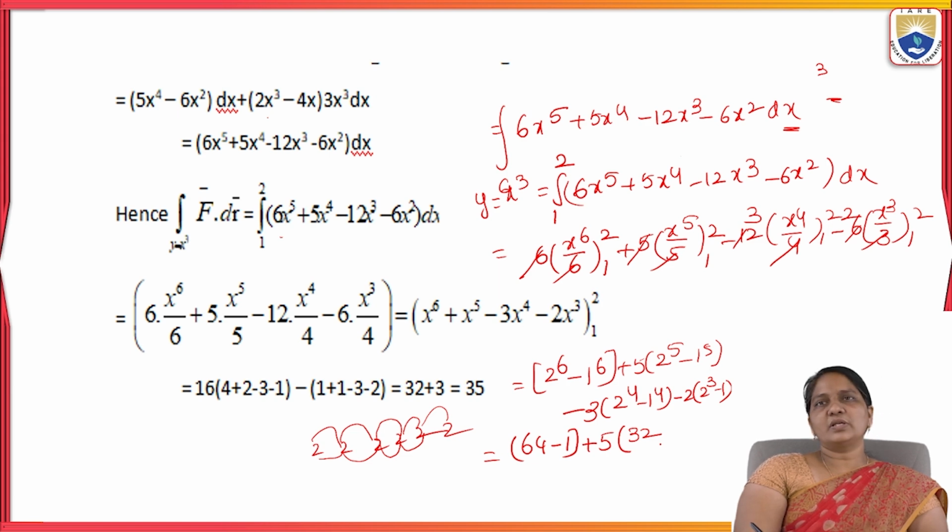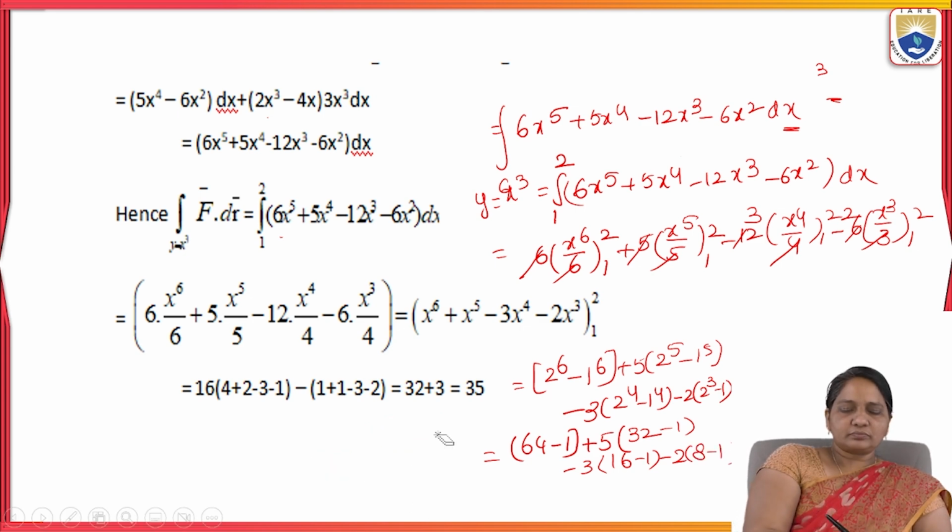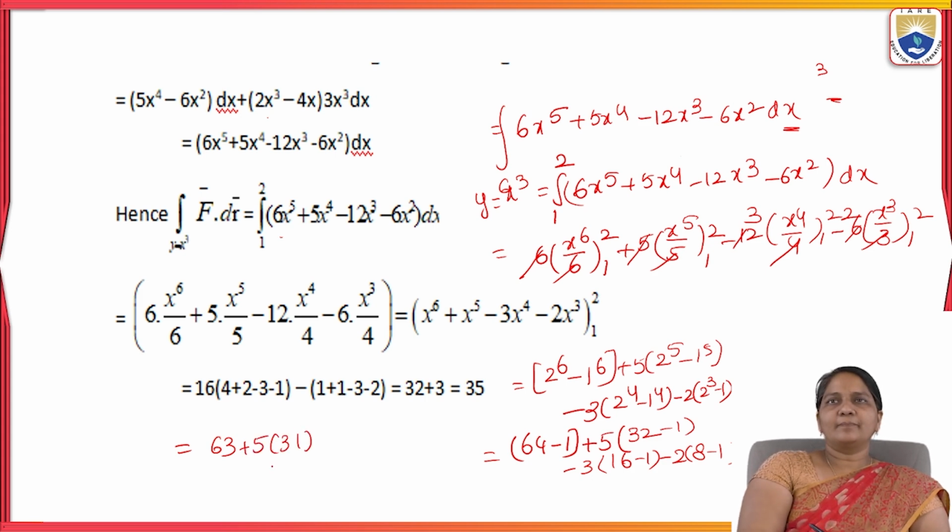So here 64, here 32 minus 1. Minus 3 into 2 power 4: 2, 4, 8, 16. So 16 minus 1. Minus 2 into 8 minus 1. So finally, 64 minus 1 is 63, plus 5 into 32 minus 1, which is 31.